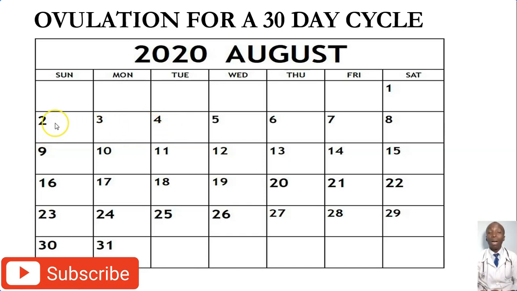So to get your ovulation date, simply count 14 days, but strictly you have to begin from the first day you saw your periods. So we shall count and say 1, 2, 3, 4, 5, 6, 7, 8, 9, 10, 11, 12, 13, 14. So your date of ovulation is going to be 15th.